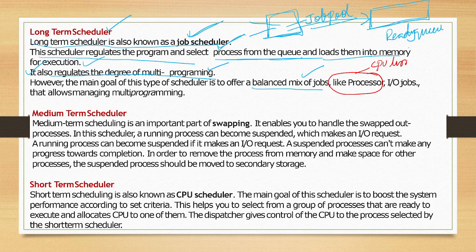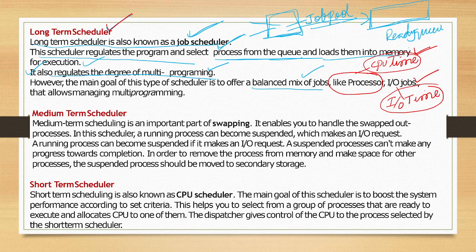Some processes need more IO time, right? Here the long-term scheduler has to take care. It should not select all CPU bound processes. It should not select all IO bound processes. It should select a mix of jobs.